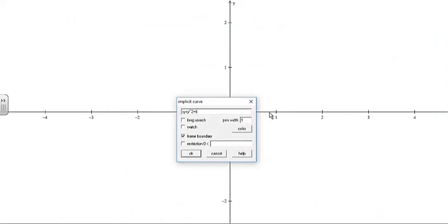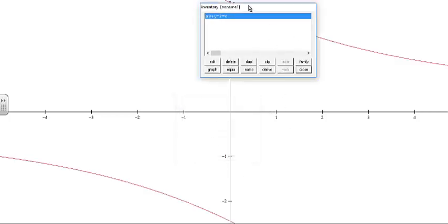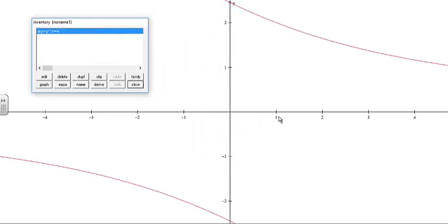And here we have x equals 1. The y value is 2, so we should have the function go through this point, which we do. Okay, so you can see x equals 1, y equals 2. There's also a solution down here. So there are 2 solutions for x equals 1. That's why it's not a function.